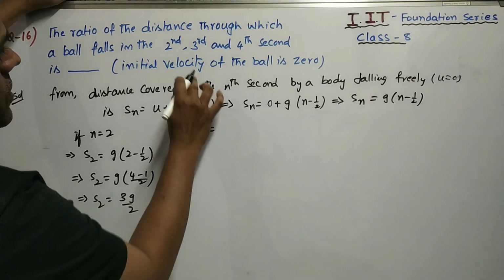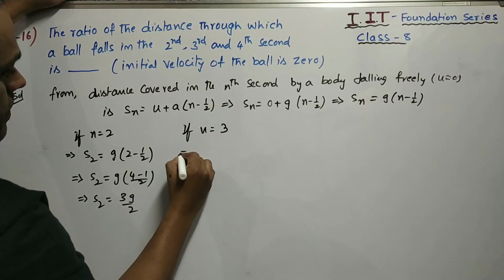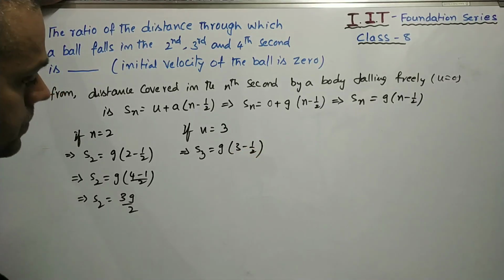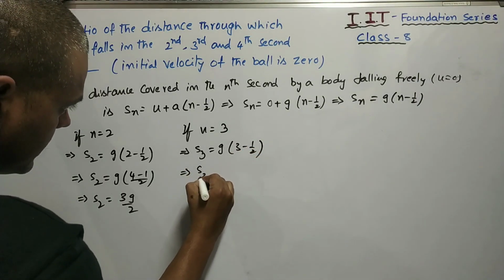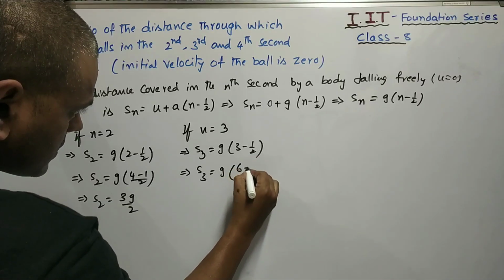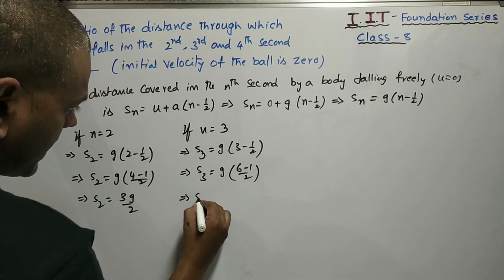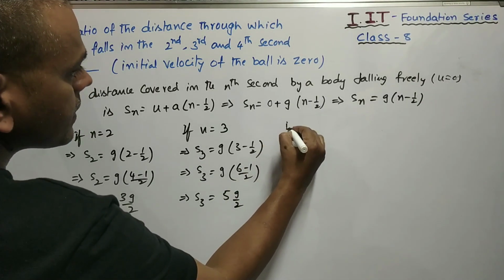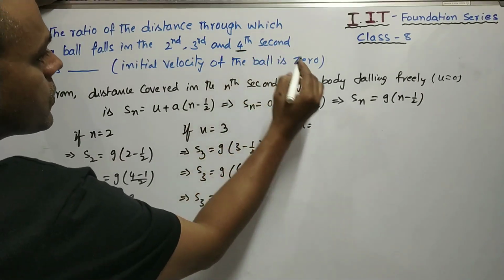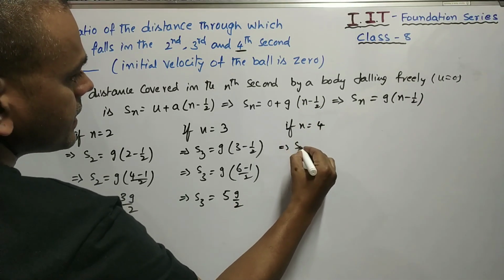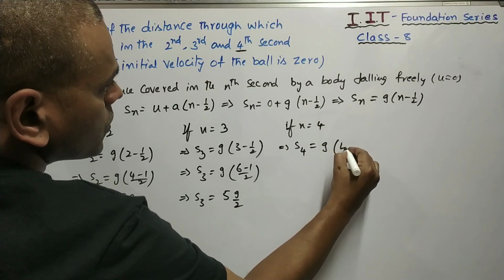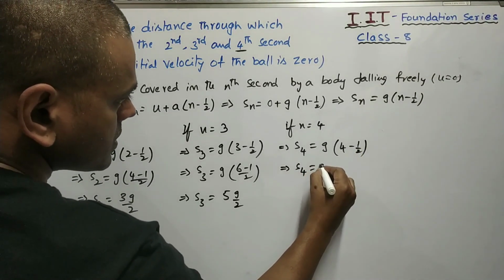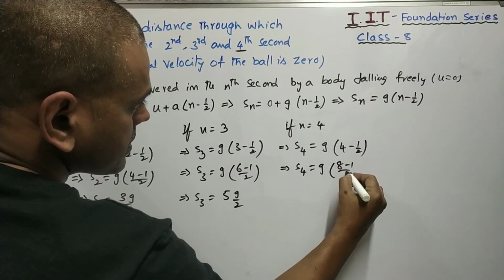Next, if n is equal to 3, then S3 is equal to g into 3 minus 1 by 2, which is g into 6 minus 1 by 2. That implies S3 is equal to 5g by 2. Later, if n is equal to 4, then S4 is equal to g into 4 minus 1 by 2, which is g into 8 minus 1 by 2.